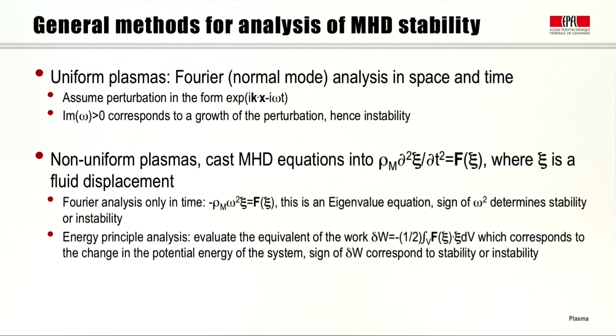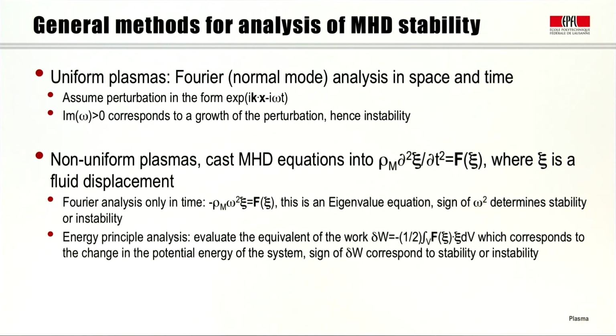For non-uniform plasmas, we can cast the MHD equations into a force balance equation: you have the mass density of the fluid element ρm times d²ψ/dt², where ψ is a fluid displacement, and this is equal to a force operator F of ψ that represents the force acting on the fluid element whose mass density is ρm, producing a displacement ψ.